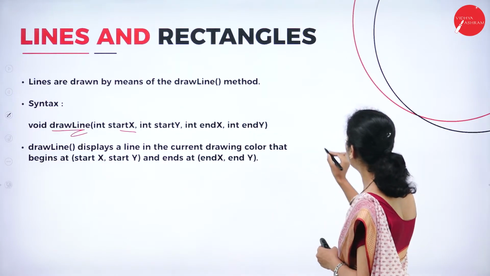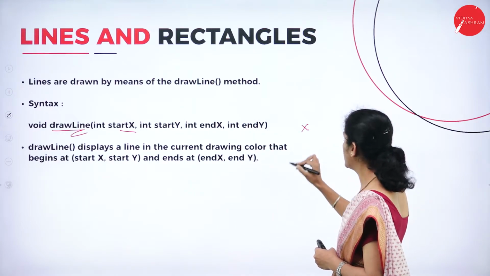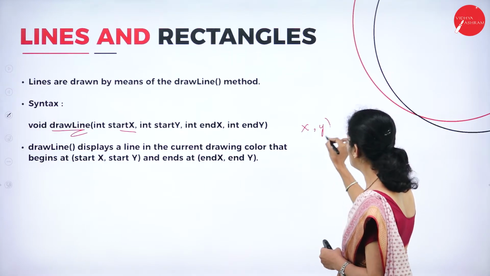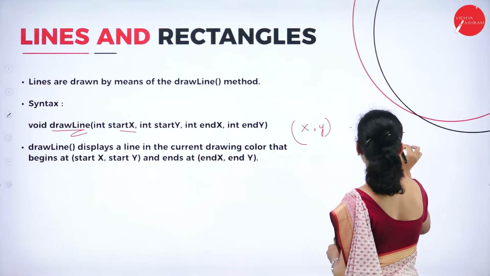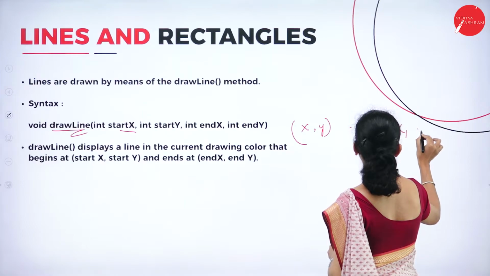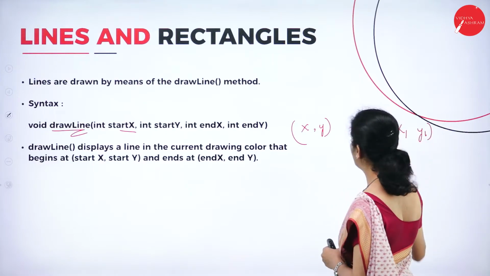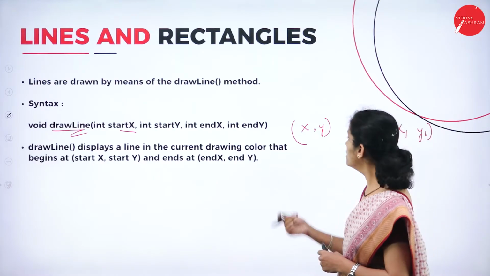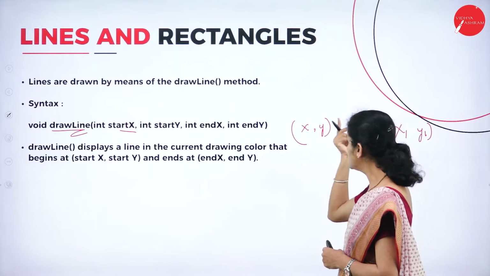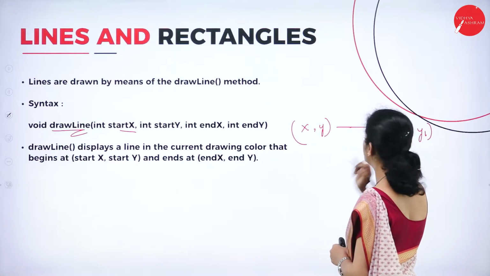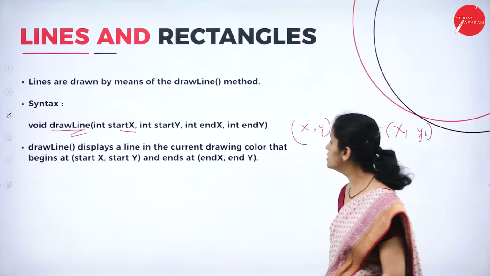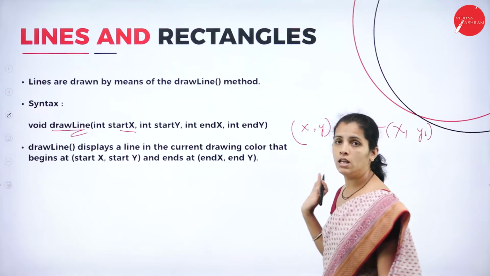If I consider the coordinate system, I'm going to have the x-axis as well as the y-axis, and here I will consider x1 and y1. If I want to draw the line, first I specify the starting location and then the ending location. Then I'm going to draw the line.